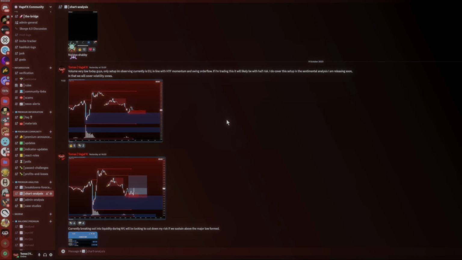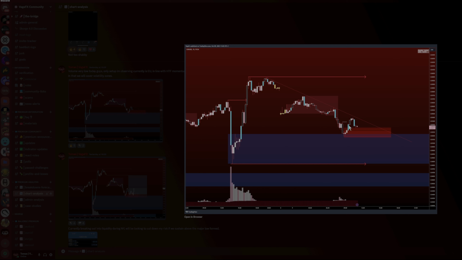So this is the analysis that I put out yesterday morning, just before the order was placed in the market. We can see that we had a few different concepts that I have brought up in previous lessons. We've got our volume here, liquidity. We do have fresh imbalance formed by here, which the market had rejected.